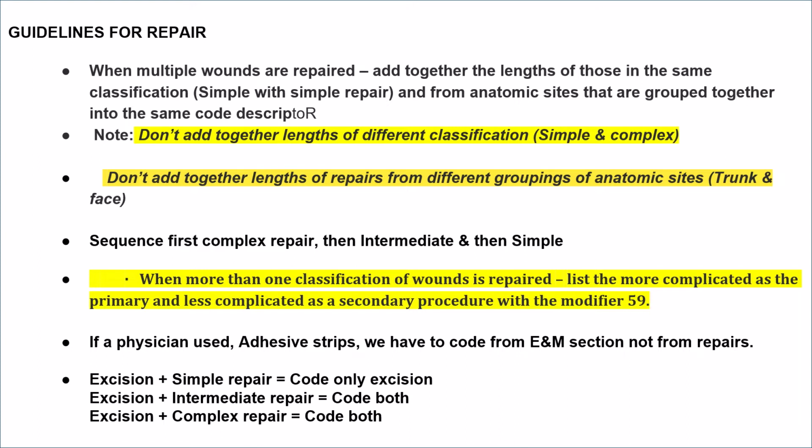When multiple wounds are repaired, add together the length of those in the same classification. That is simple with simple repair. And from the anatomic side, those that are grouped together into the same code descriptor. What does it mean? It means don't add together the length of different classifications. So simple and complex wound repair I cannot add together.